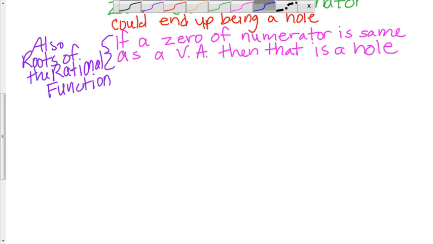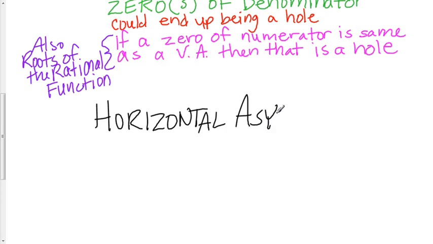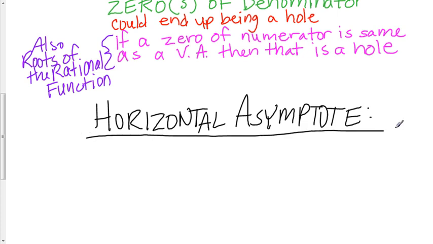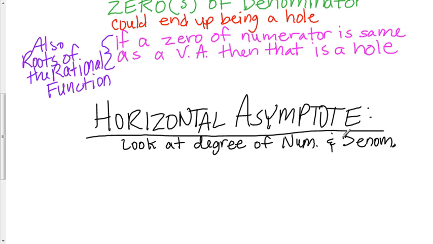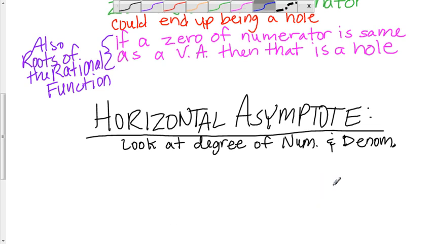Then, to find the horizontal asymptote, there can only be one. For the horizontal asymptote, you need to look at the degrees of both the numerator and the denominator. Now, when you look at the degrees of the numerator and denominator, one of three things is going to happen.